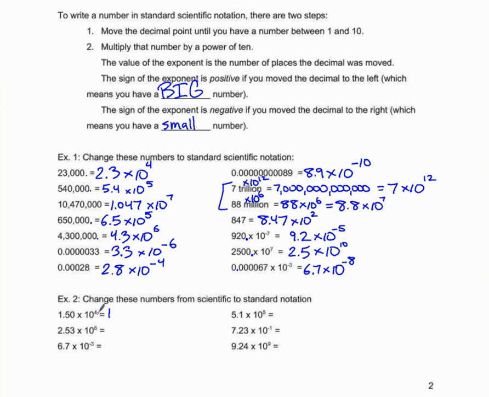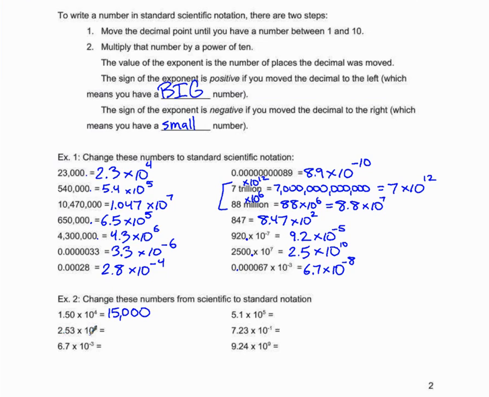And we're going to put 4 things behind this 1. So there's 1 place, 2 places, 3 places, 4 places. What I did was move the decimal to the right 4 places, and this is 15,000.